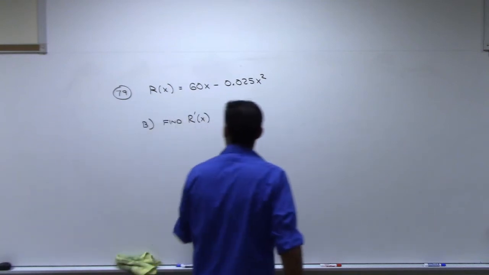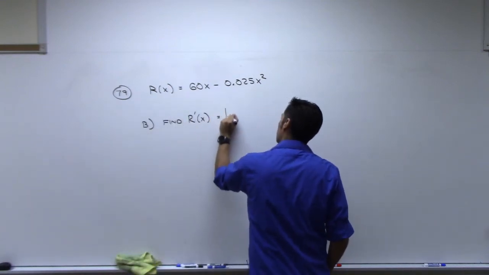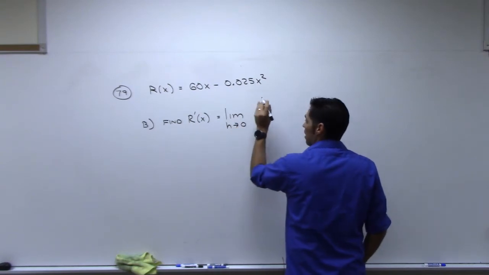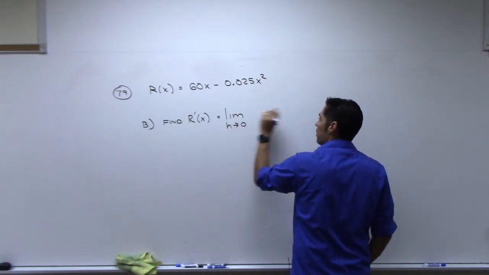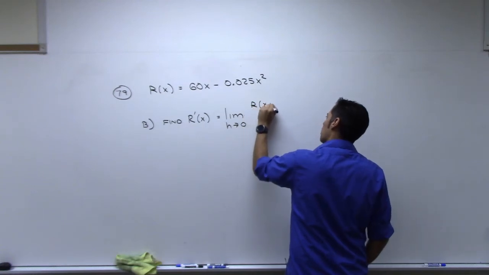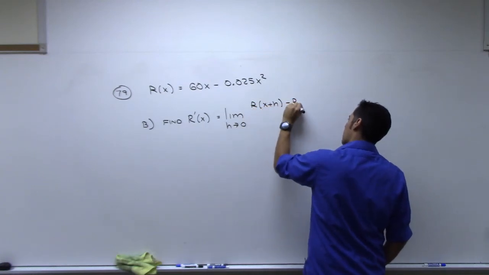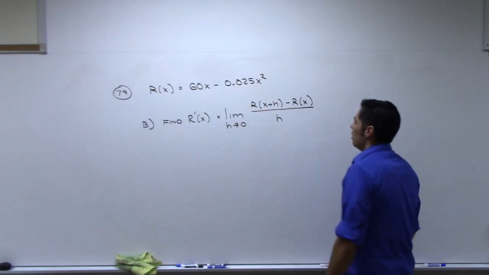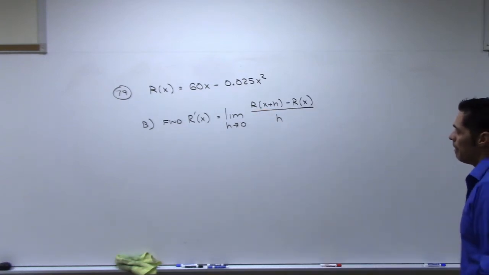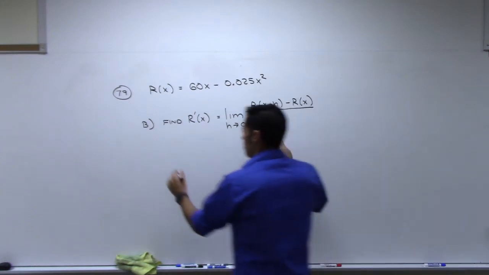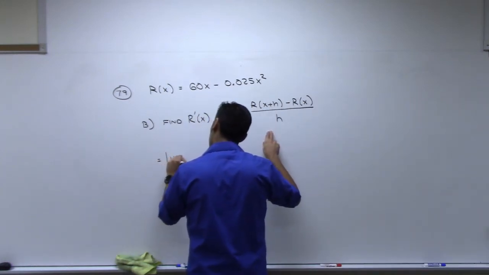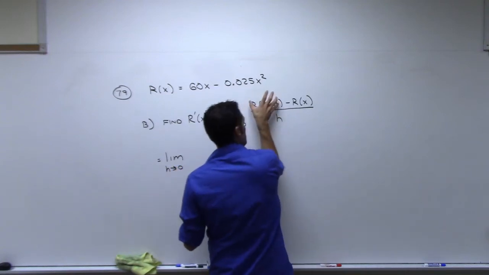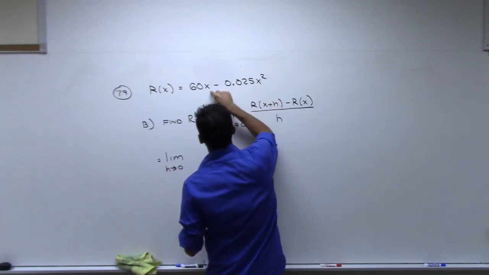Okay, by definition, R prime of x is the limit as h goes to 0. Now, instead of f of x plus h minus f of x, I'm going to put R of x plus h minus R of x because I'm using the revenue function, not the generic f function. All of that divided by h. Now, let's write limit h goes to 0. And now I'm going to do this piece right here first. I'm going to plug x plus h into this.